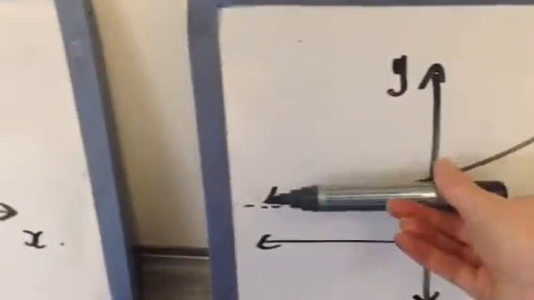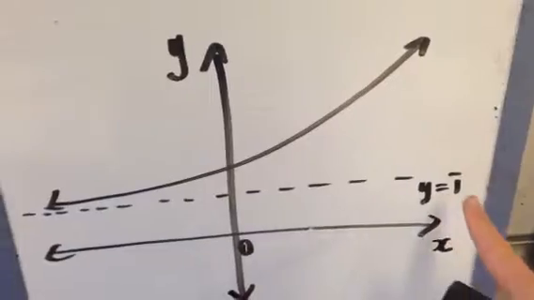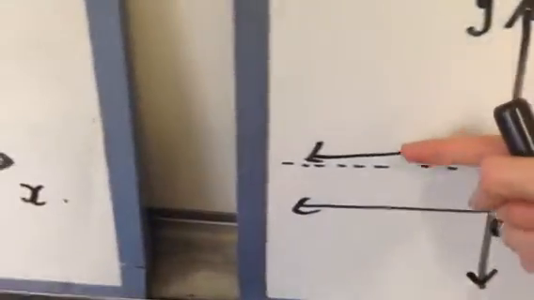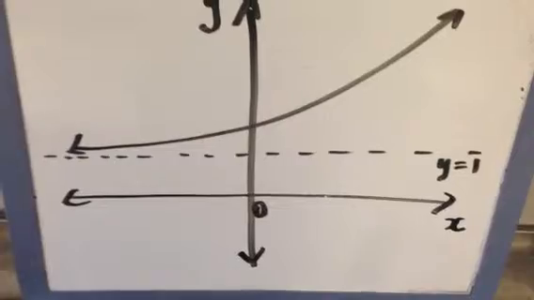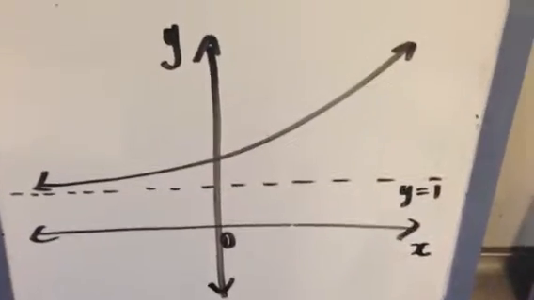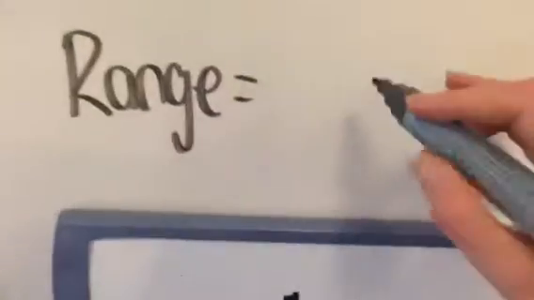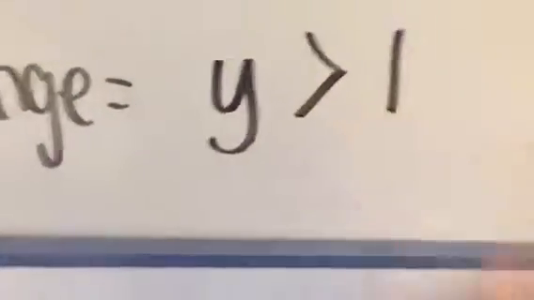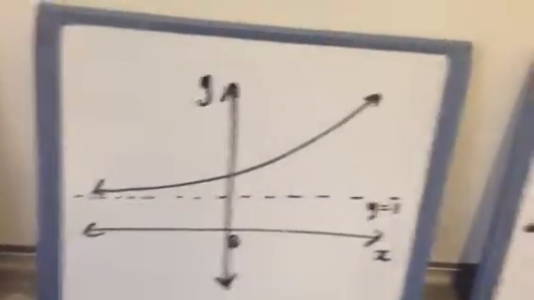But when we get down this end, we have an asymptote here at y equals 1, which means our graph will continue to come down and get very, very close to that asymptote, but it will never actually touch y equals 1. So it's bounded by that line y equals 1. That means for our range, it can be any y value greater than 1, but it cannot be equal to 1. Can't touch that asymptote.